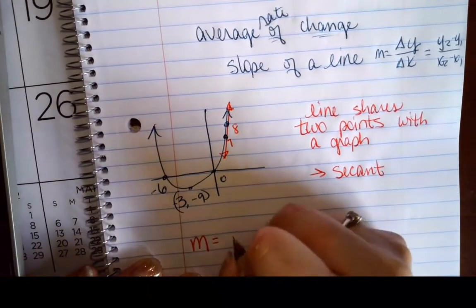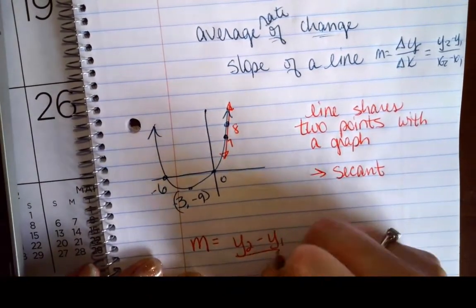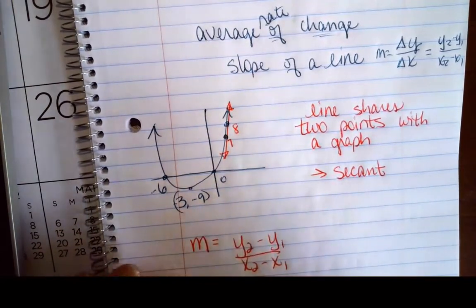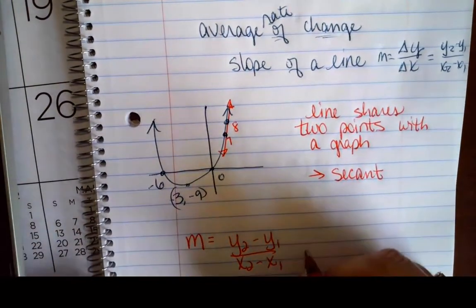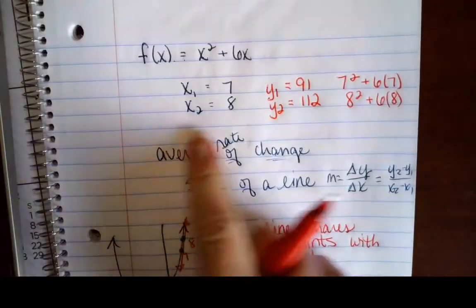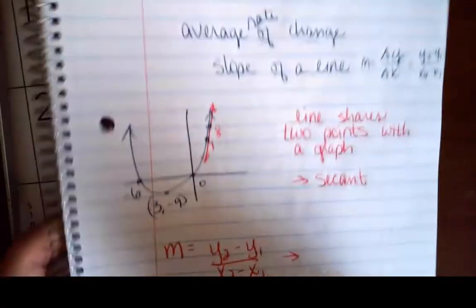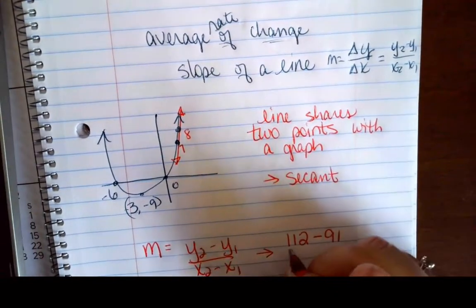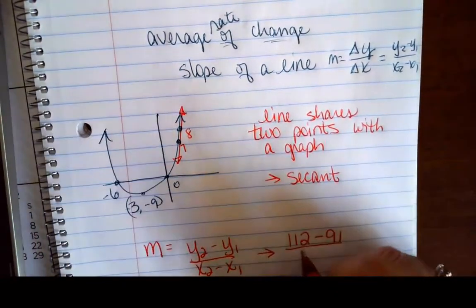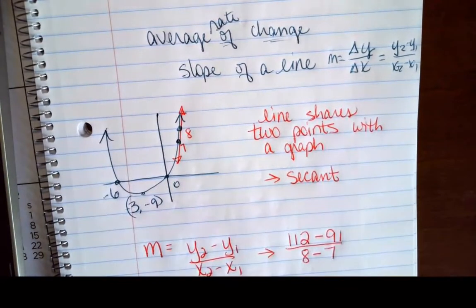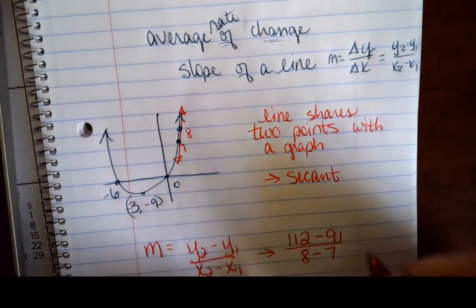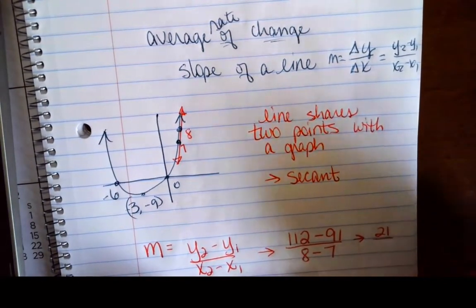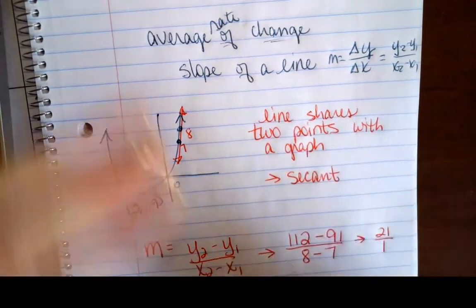So my slope can be found using this formula of y2 minus y1 over x2 minus x1. My y2 is 112. My y1 is 91. And then x2 minus x1 is going to be 8 minus 7. So 112 minus 91 is going to give me 21, over 8 minus 7, which is 1.